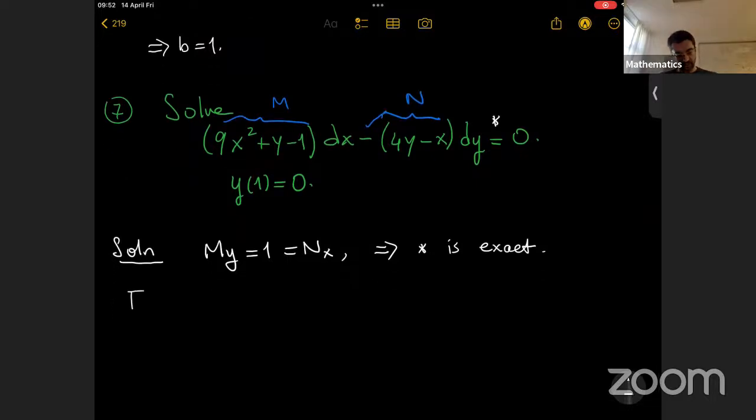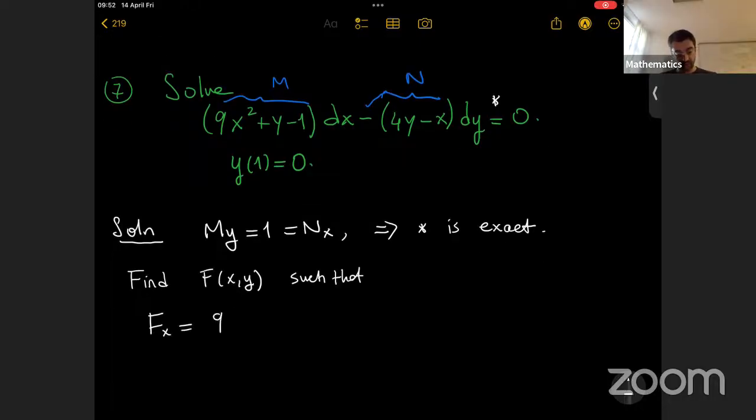So find f, which depends on two variables, x and y, such that f sub x, the derivative of f with respect to x, will be 9x squared plus y minus 1, and f sub y will be minus 4y plus x.